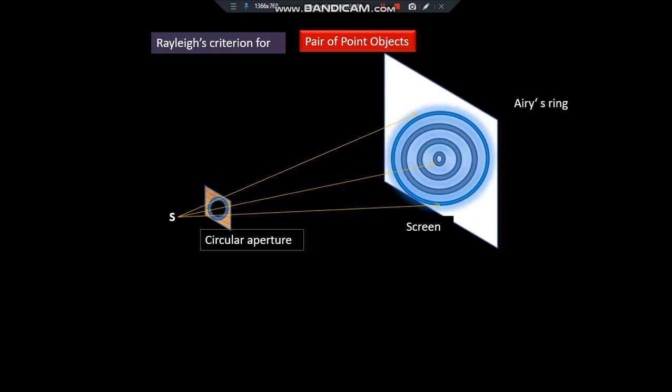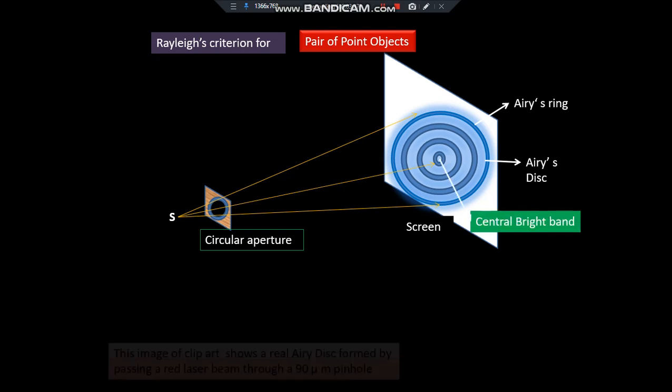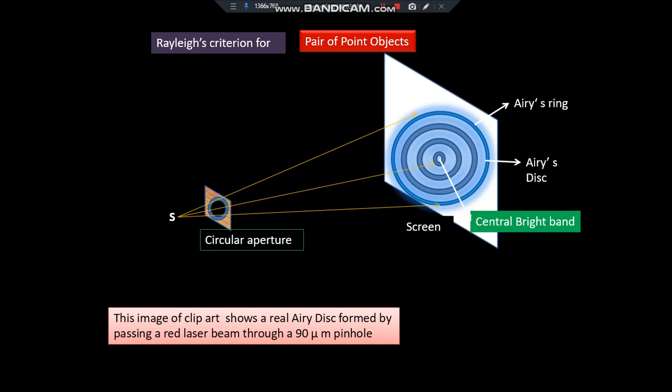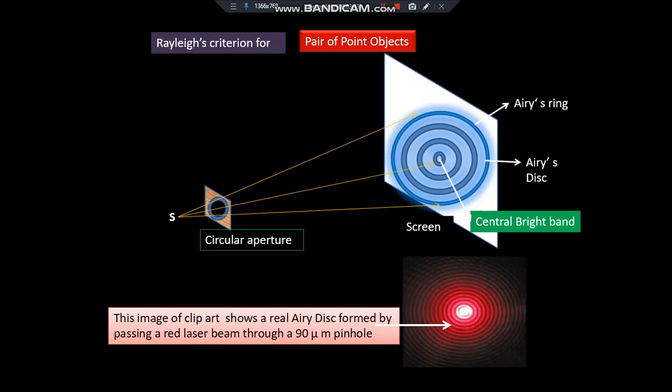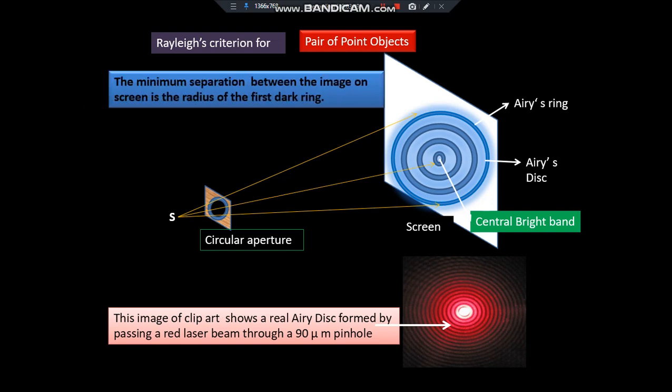Now that is the Airy rings, which make the Airy disk, and the central bright band is here. The image here shows a real Airy disk formed by passing a laser beam through a 90 micrometer pinhole. The minimum separation between the images on the screen is the radius of the first dark ring.